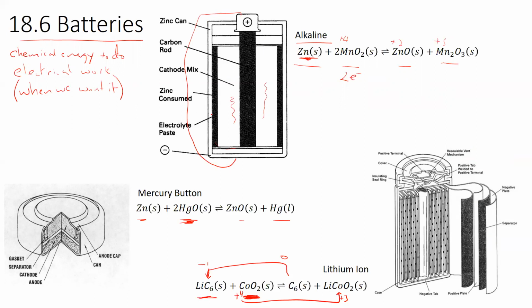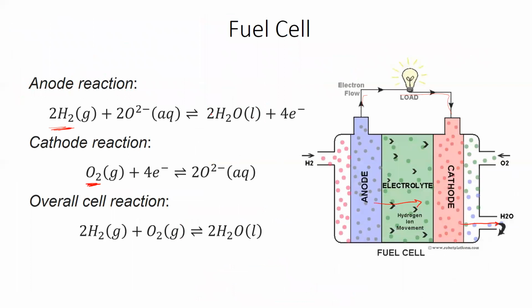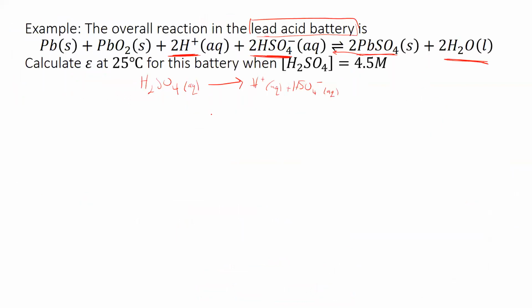Nickel cadmium batteries, also called NiCads, if you've ever used a screw gun or a battery powered tool, those are usually NiCad batteries, and those tend to be very rechargeable. You can use those many times. Now, it's not perfect, they do degrade after time, but as long as you treat them properly, they can recharge well. And that's just forcing the reaction in the reverse by applying a power source.